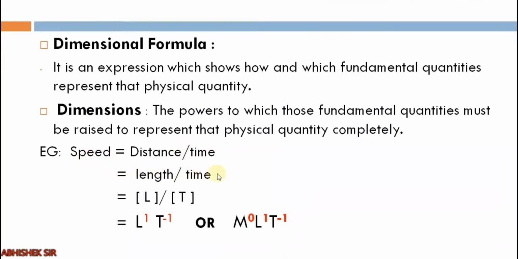Now you see, speed equals length upon time. Speed is a derived physical quantity while length and time both are fundamental. So you see, speed, which is a derived quantity, can be represented as a combination of a few fundamental quantities. Now remember, what was length represented as? It was represented as only L. And what was time?